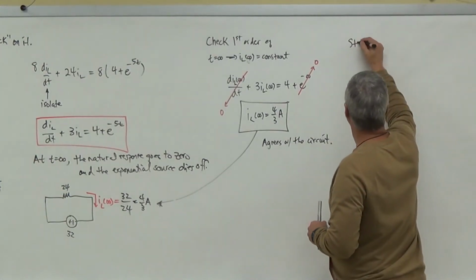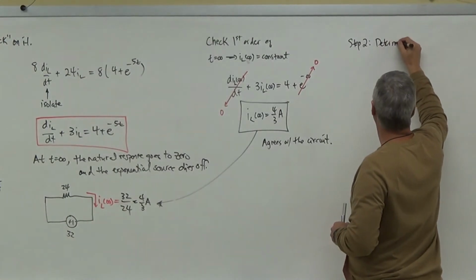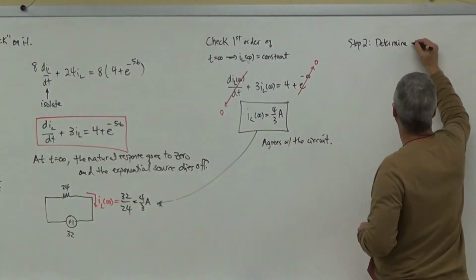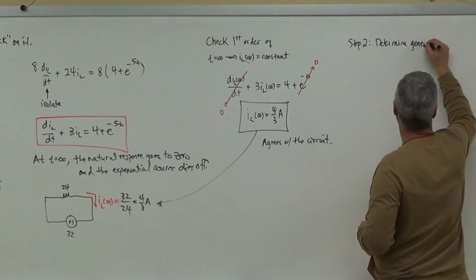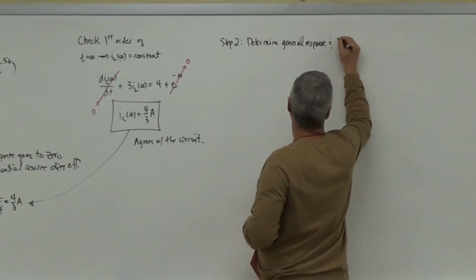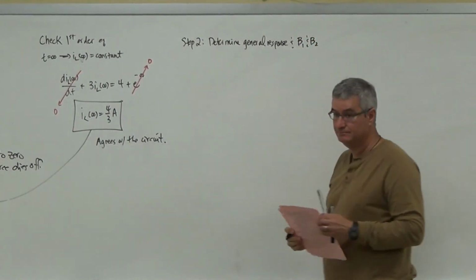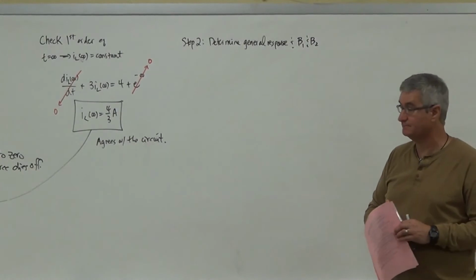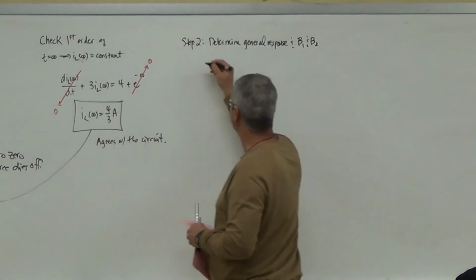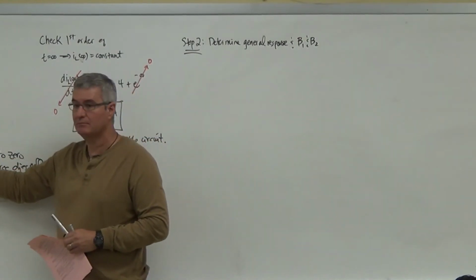And in step 2 here, I want to determine the general response and B1 and B2. Okay, that's what we want to get. So here we go. What I'm going to do is go back and look at my solution.